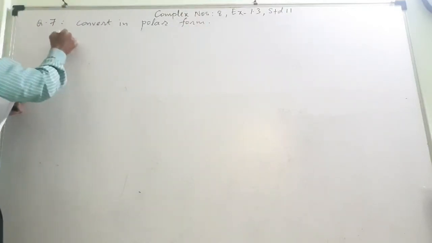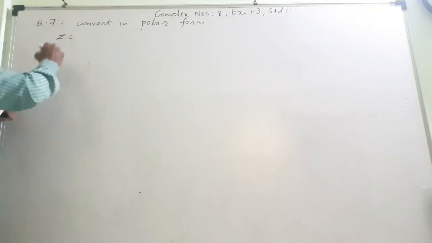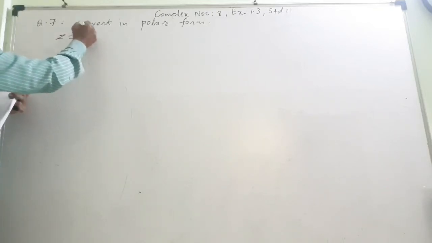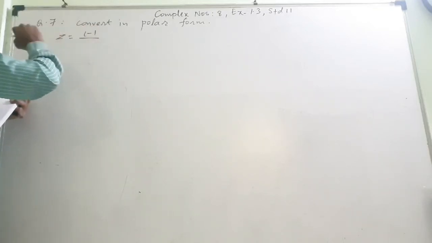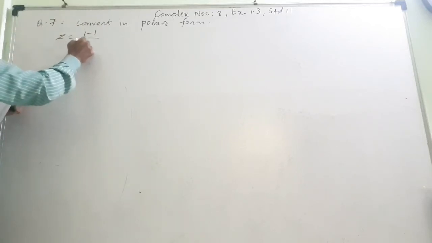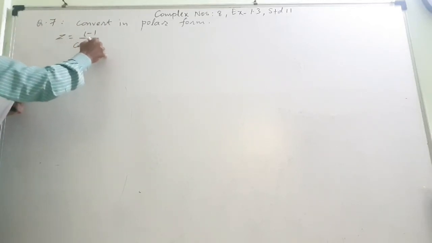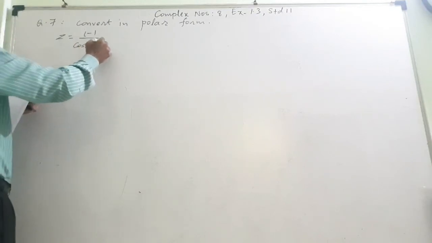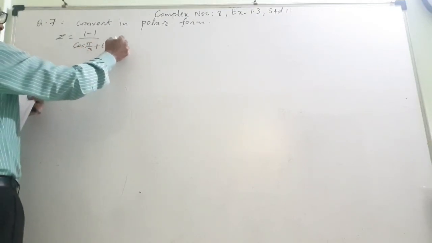Which is that z is equal to (i minus 1) upon (cos of pi by 3 plus i sin pi by 3).